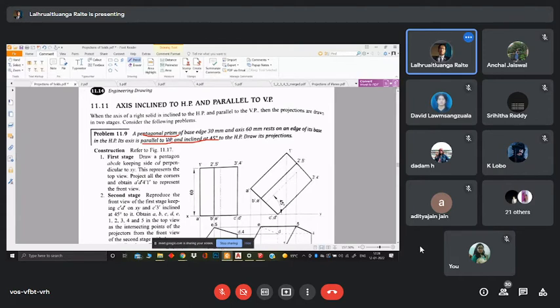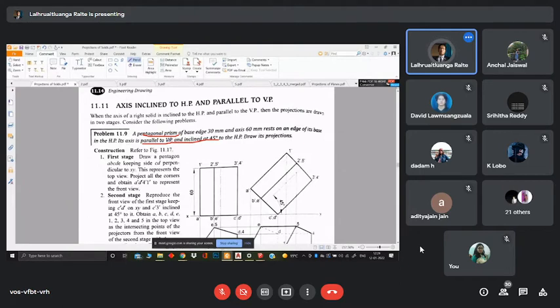Now our object is inclined at 45 degrees to the horizontal plane. All right. So in our drawing, we start by eliminating this inclination first, and making sure that when it is parallel to VP, we let it be perpendicular to the horizontal plane first.